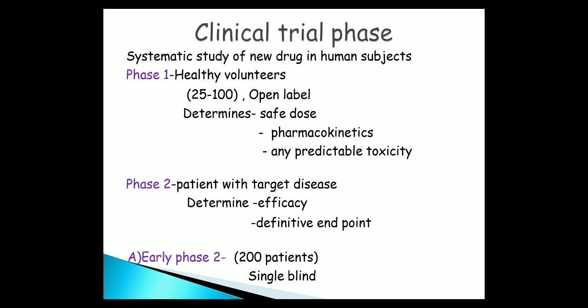But after proving efficacy and safety margins in those animals, we need to study these drugs in humans also. So a clinical trial includes the study of a drug in humans, and it includes various phases.